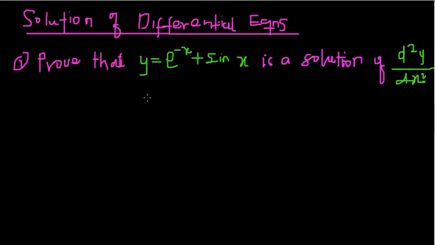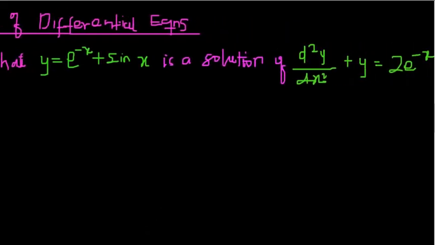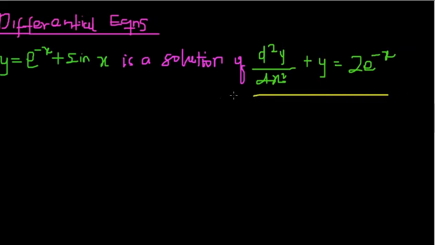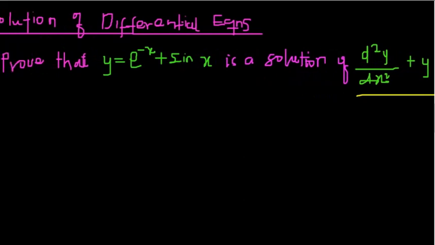So we'll be talking about how to find the solutions of a specific differential equation. For this example, we could see that this is the exact differential equation. This is how it works for finding the solution for a differential equation.